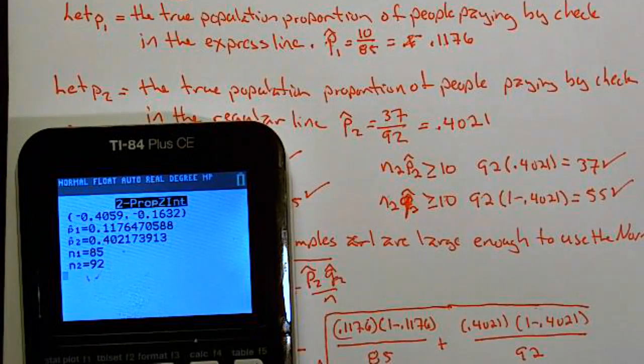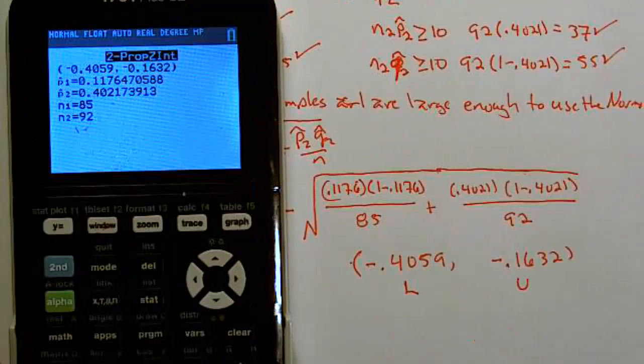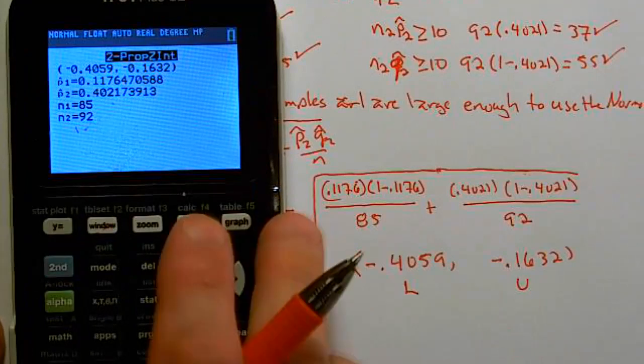Our interval is negative 0.4059 and negative 0.1632. This is my lower bound, and this is my upper bound. So there we go.